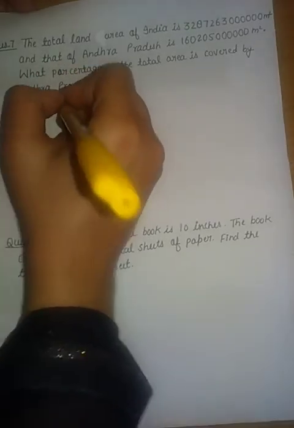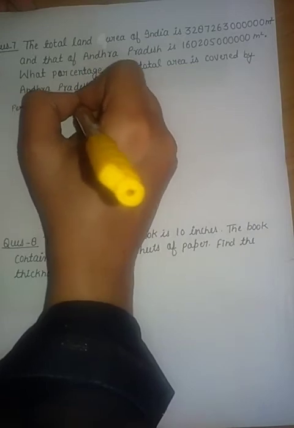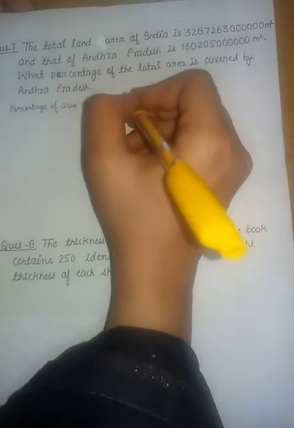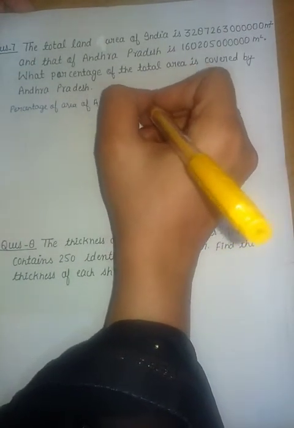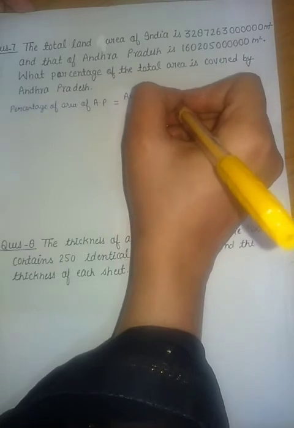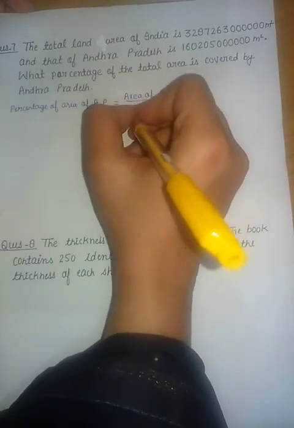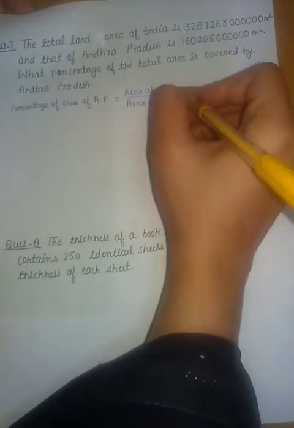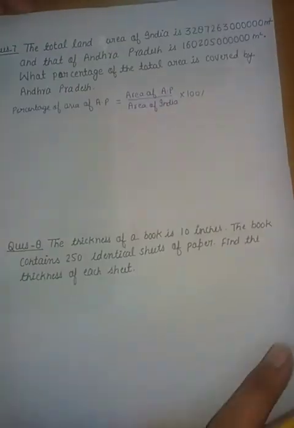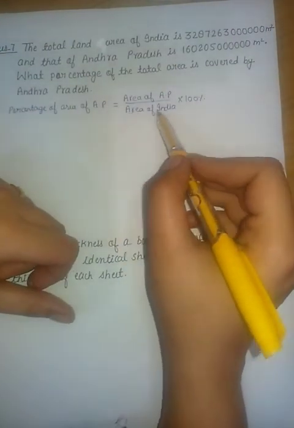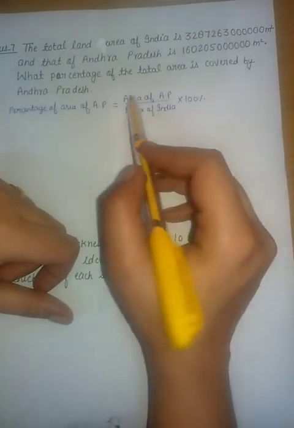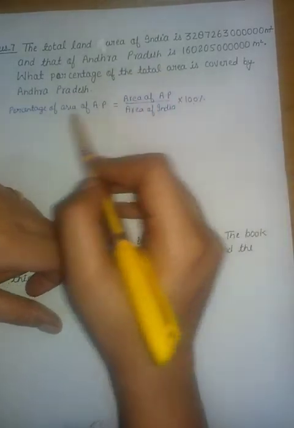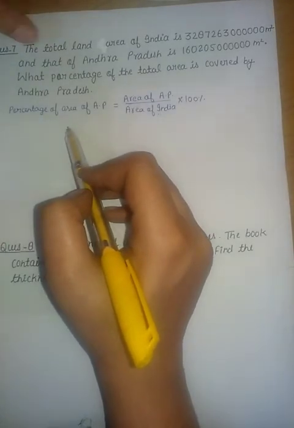Percentage of area of Andhra Pradesh is equal to area of Andhra Pradesh upon area of India multiplied by 100%, because for total area of India, we will divide area of Andhra Pradesh by area of India and multiply by 100% to find the percentage of area of Andhra Pradesh.